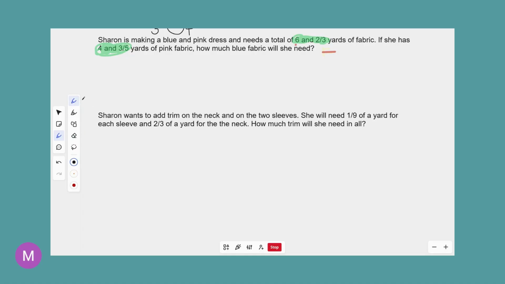All right, so let's go ahead and write our numbers in. We have 6 2/3. We're going to subtract what she already has of 4 3/5 to find out how much she still needs. Okay, this is subtraction, so it's highly recommended to go ahead and just convert. So we're going to do that.